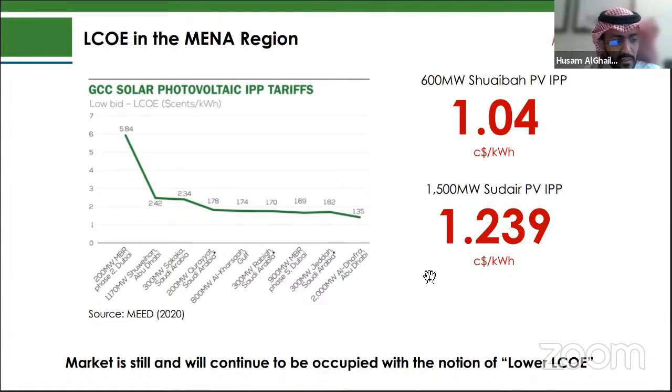We were glad that we were associated with the last two numbers. In Shuaibah, 600 megawatt at 1.04 cent per kilowatt hour, and in Sudair, the 1,500 megawatt at 1.239. Two world records, one of which has actually achieved financial close, and it's now being constructed.